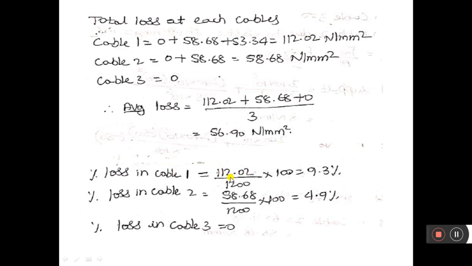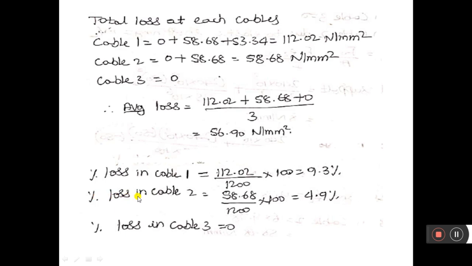What's the stress applied to the cable? It is 1200. Therefore, total loss in cable 1 divided by initial prestress applied to the cable, 1200, into 100, which gives 9.3%. So percentage of loss of prestress in cable 1 is 9.3%.